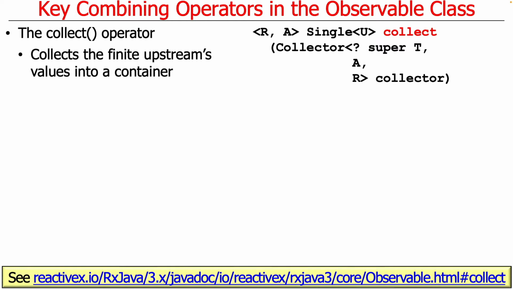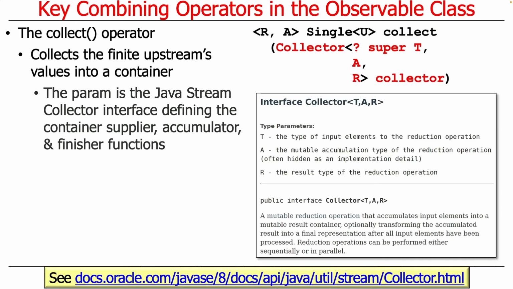Let's now talk about the collect operator. And the collect operator is intentionally designed to be very similar to the collect operator that comes out of Java Streams with a few little tweaks because, of course, this is reactive programming, so we have to be different somehow. So the collect operator collects the upstream values into a container, and the parameter that's passed into here is a collector. So this is pretty much the same collector that you come to know and love from Java Streams.